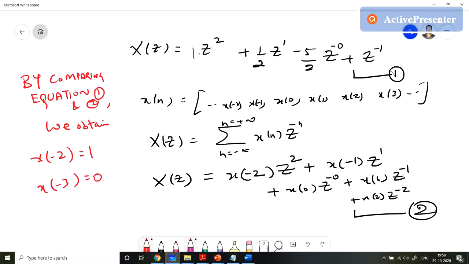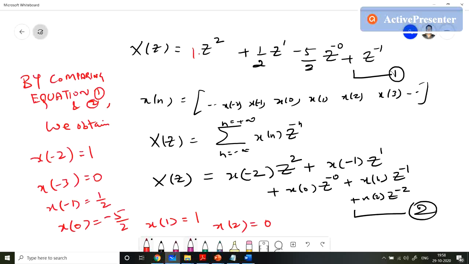And what is x[minus 1]? x[minus 1] is equal to 1 by 2, then x[0] is equal to minus 5 by 2, then x[1] is equal to 1.